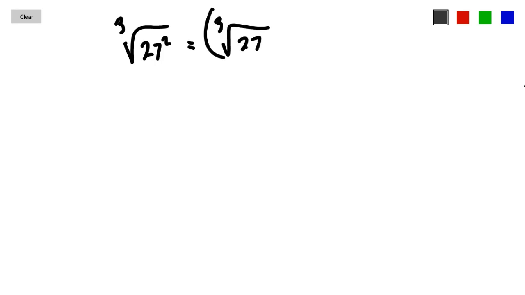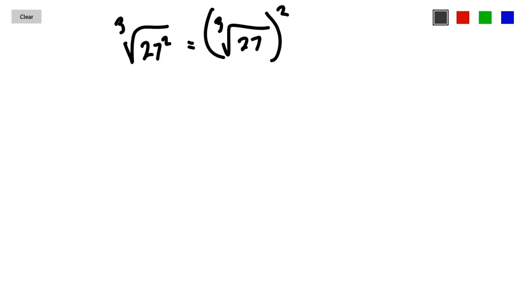Let's say that I have the cube root of 27 squared. So this is actually the same as me writing the cube root of 27 raised to the second power.